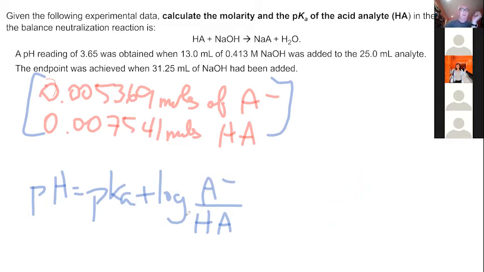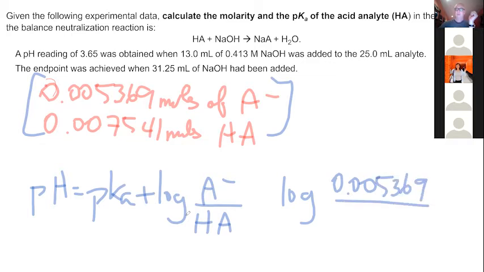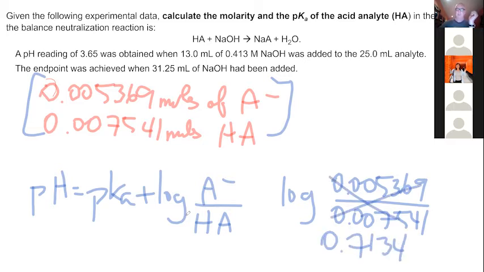So we can just go right ahead and plug those bad boys in. So that's going to be log of 0.005369 over 0.007541. And that ratio is 0.7134. So you want the log of 0.7134. So what's that?